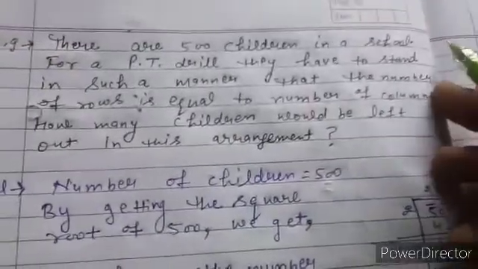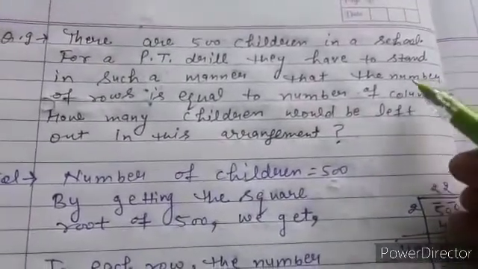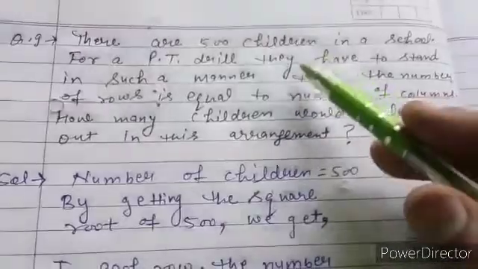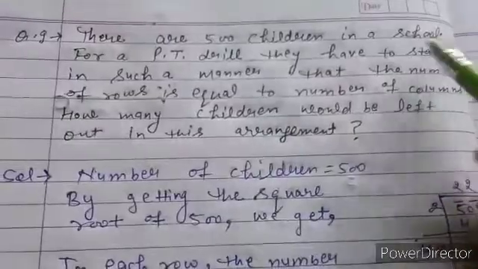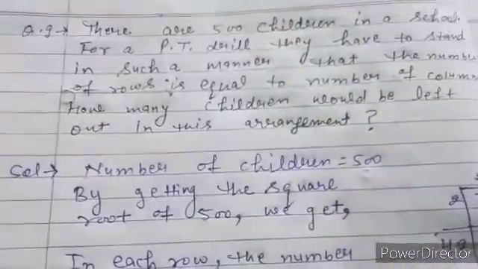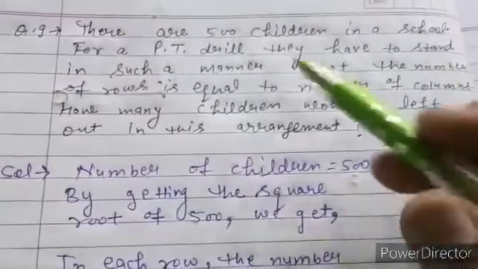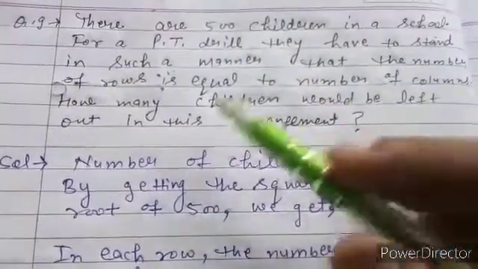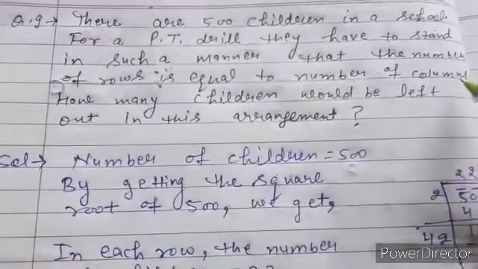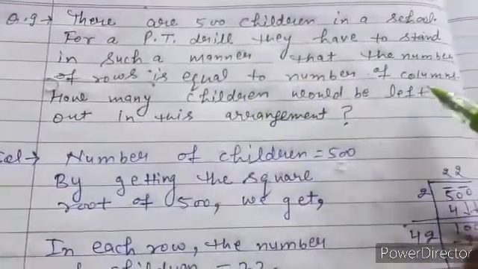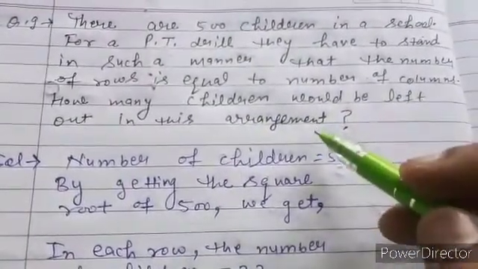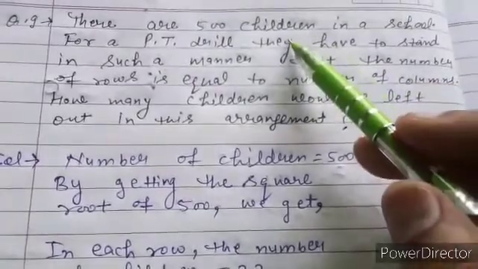NCERT 8th class math exercise 6.4 question number 9. There are 500 children in a school. For a PT drill, they have to stand in such a manner that the number of rows is equal to the number of columns. How many children would be left out in this arrangement? So the total number of children is 500.